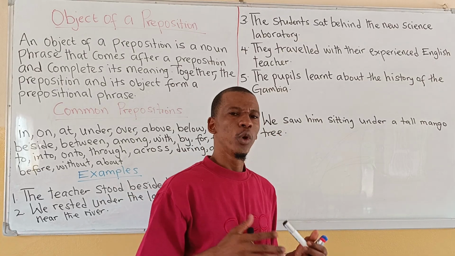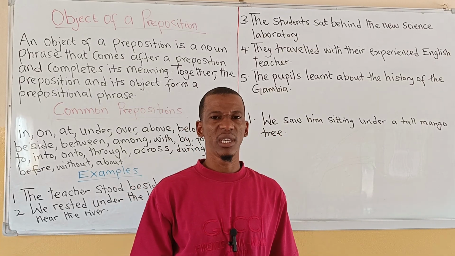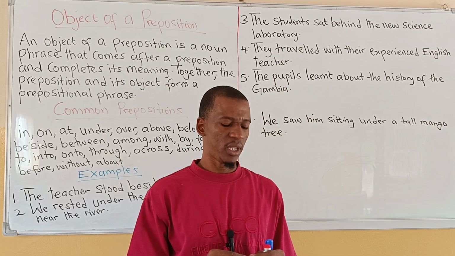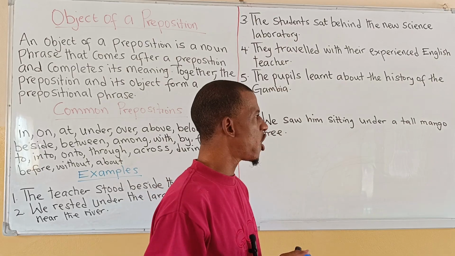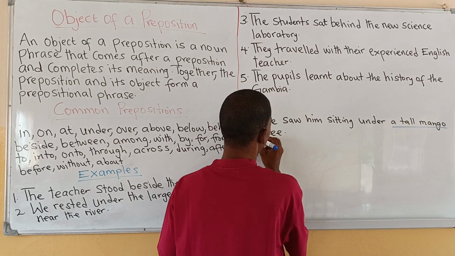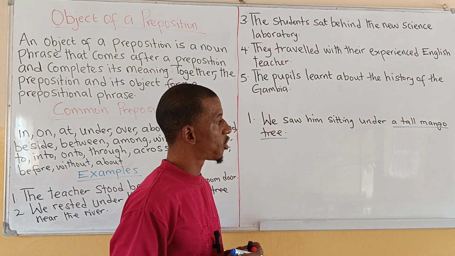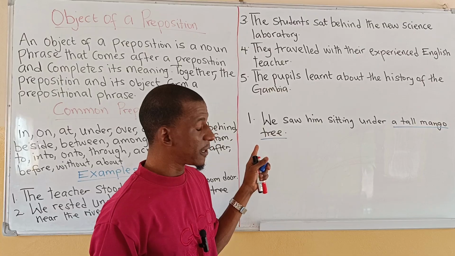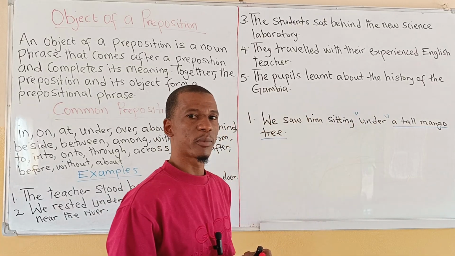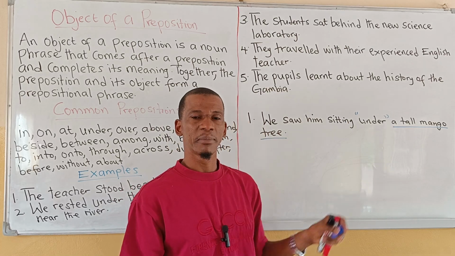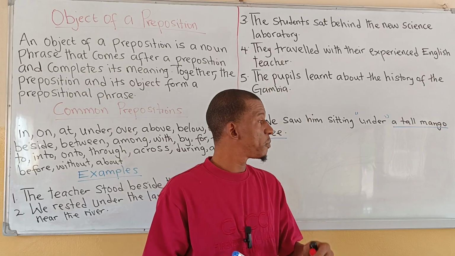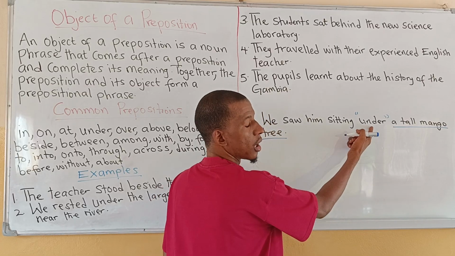It says, we saw him sitting under a big mango tree. So what is our noun phrase? Our noun phrase is this: under a tall mango tree. Now see, before the words on the line, you have a preposition here. Under is a preposition. Now, if you see this in your exams, just say it is a noun phrase and it functions as the object of the preposition under.